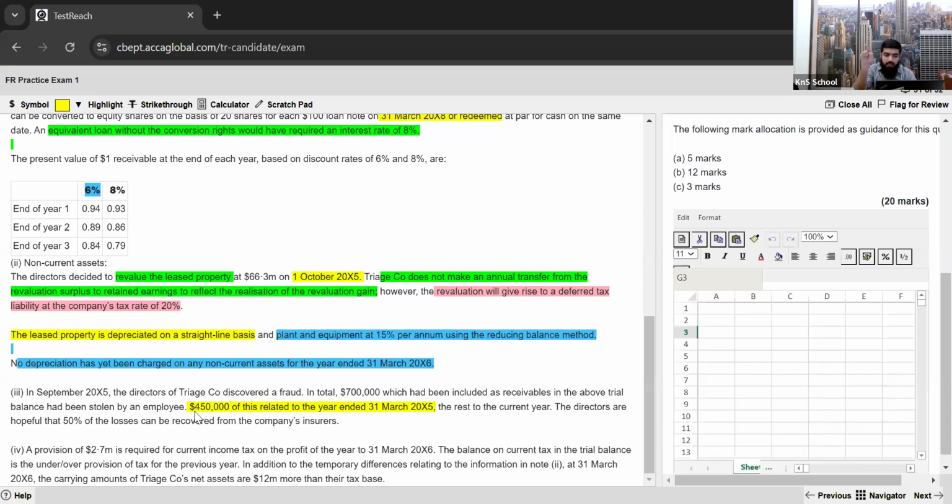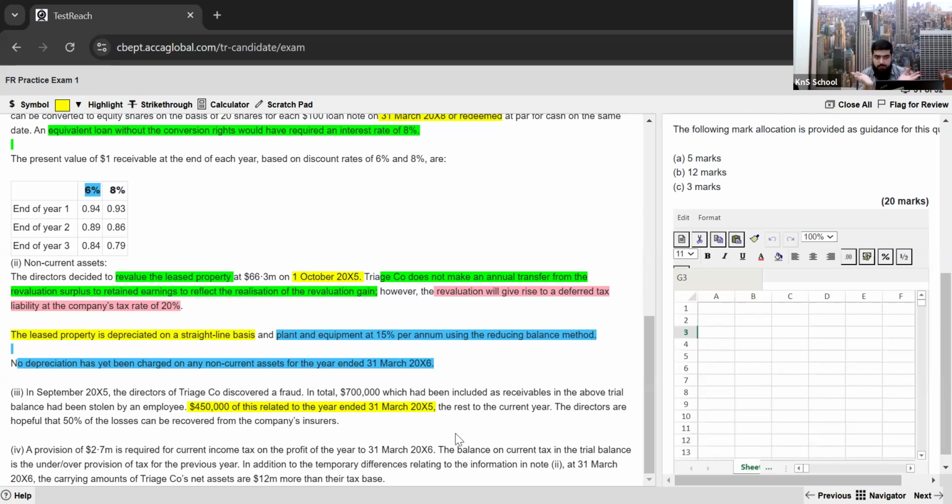Out of the 700,000, these 4,50,000 relate to the previous year. It means that is the loss which is related to the previous year. The rest is for the current year, which means 700 minus 450, that is the remaining amount, 250,000, related to the current year.